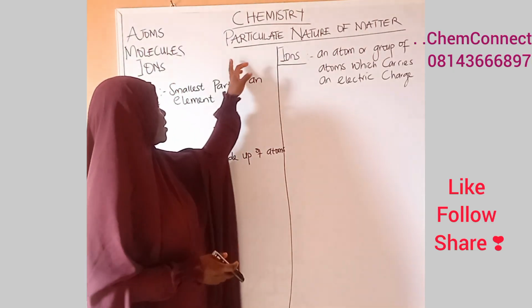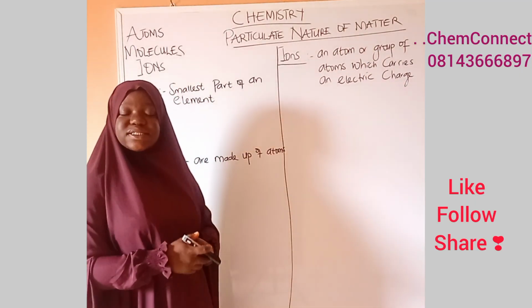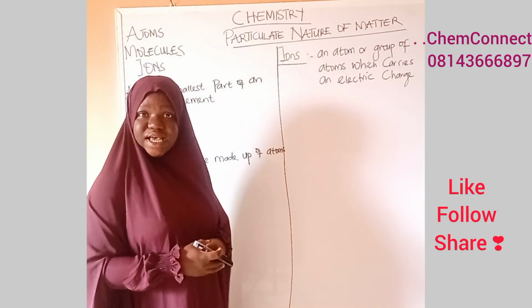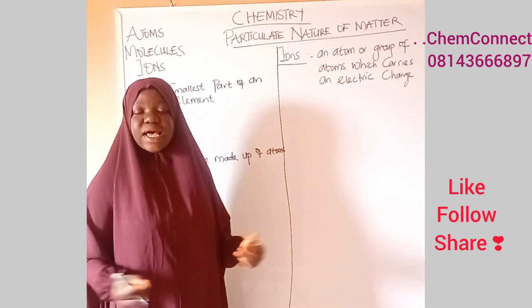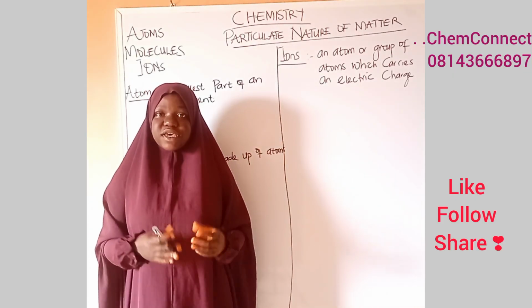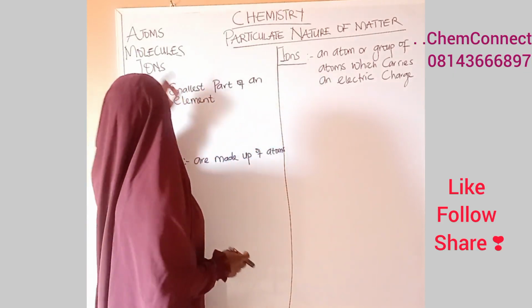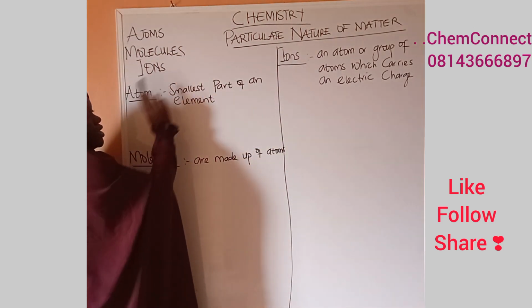Today we'll be learning the particulate nature of matter. As we all know, matter is anything that has weight and occupies space. Now this matter is made up of discrete particles, that are atoms, molecules, and ions.